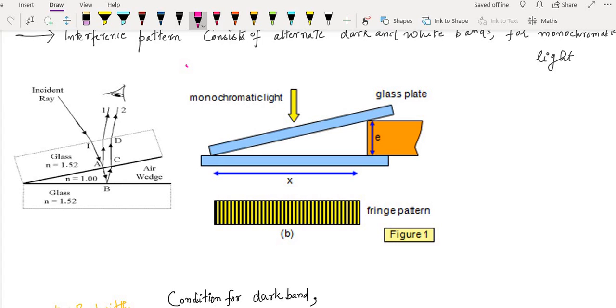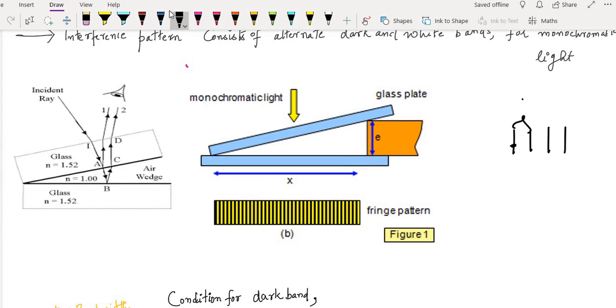If these two glass plates are optically plane, you can see a fringe pattern like this, with alternate dark and bright bands. All the dark bands and bright bands have uniform thickness, with a constant bandwidth. So what is bandwidth? Suppose I have a pattern like this, with a dark band and a bright band.